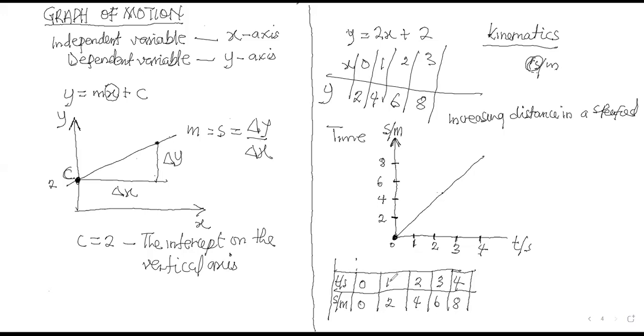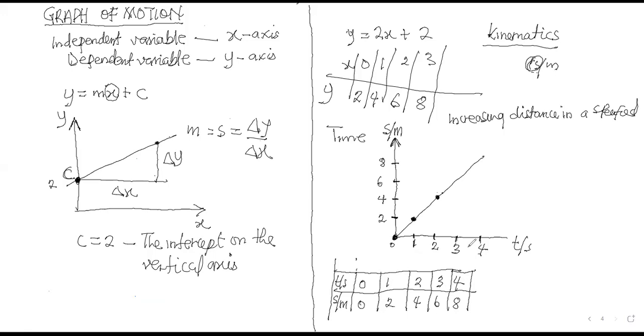Our time is equal to 1 second. The distance covered is 2. So this will be somewhere here. Our time t is equal to 2 seconds. Distance covered 4. This will be here. t is equal to 3 seconds.